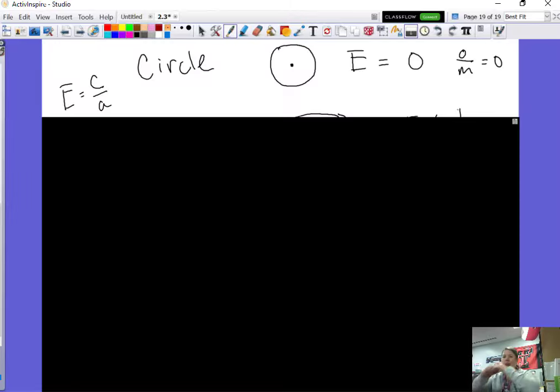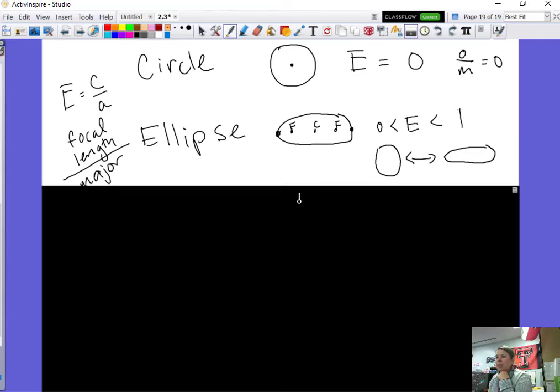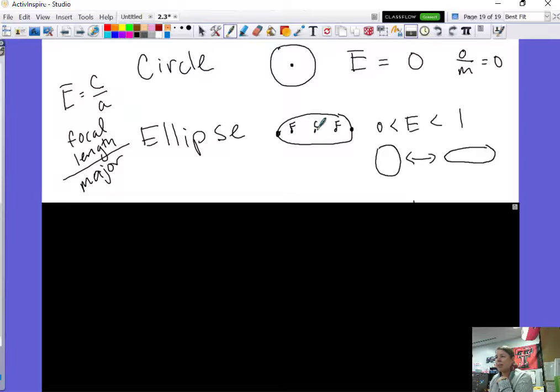As soon as those focus points even shift just a little bit, your shape becomes more oval, and so that's when it becomes an ellipse. And so your ellipse is between 0 and 1. So as it separates a little bit, as it separates more, the shape is going to change. So the closer you are to 0, the more like a circle it is. The closer you get to 1, the more elliptical it gets, or the more like a parabola it's going to be.